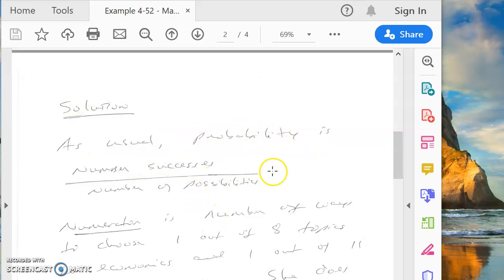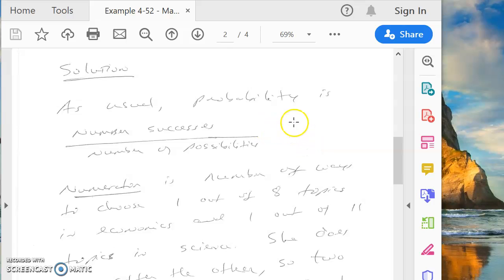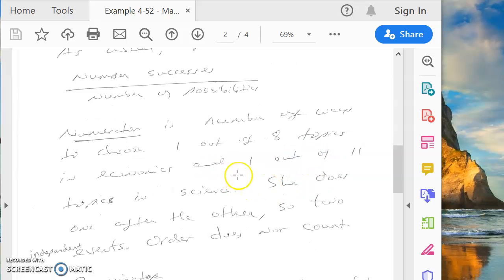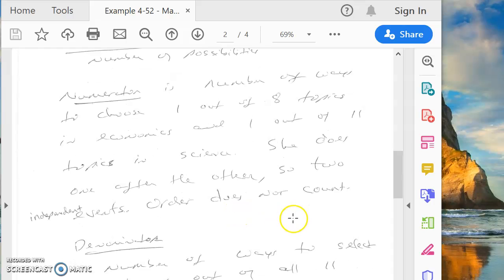As usual, the probability is the number of successes over the number of possibilities in the sample space. The numerator is the number of ways to choose 1 out of 8 topics in economics and 1 out of 11 topics in science. Okay, she does one selection after the other, so they are 2 independent events.